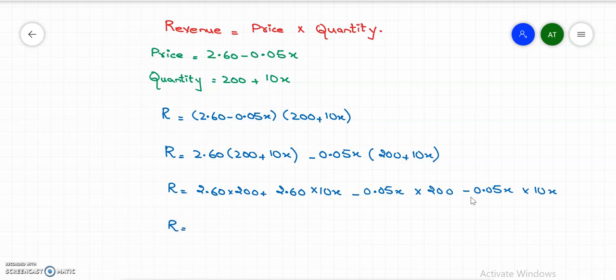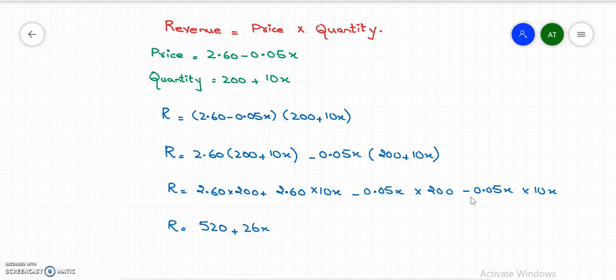Okay, let's simplify it further on the calculator. 2.60 times 200 equals 520. Then 2.60 times 10x equals 26x, so plus 26x.